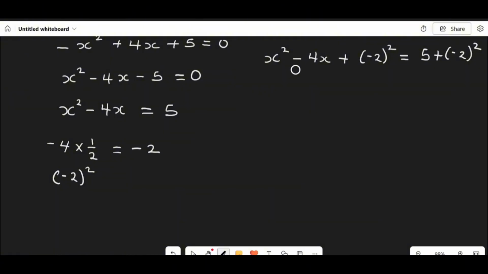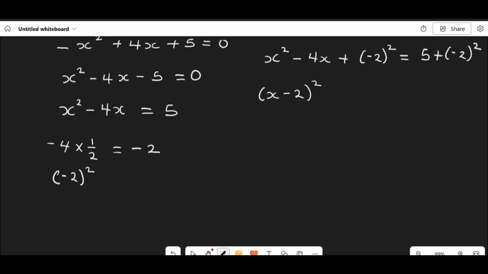This left side is a perfect square and it can be written as x minus 2 square. What you have to do to get this expression is just pick x and write x here, and here too we have minus 2. Just bring this minus 2 and put it here, and put everything in bracket and square.